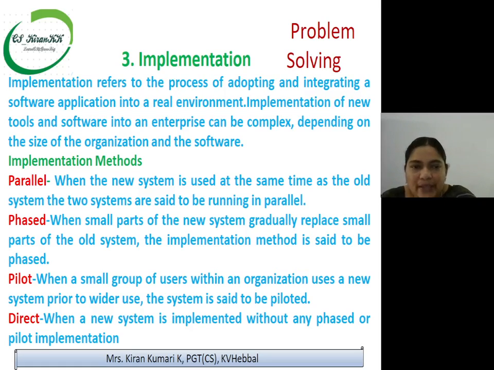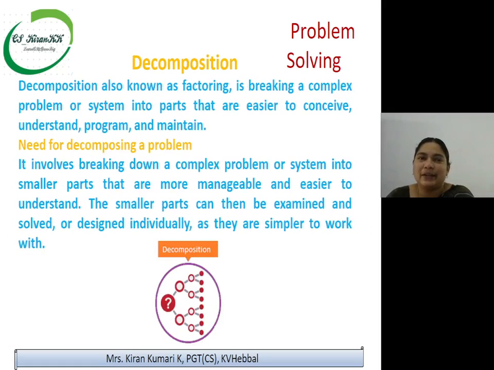In the phased method, small parts of the new system gradually replace small parts of the old system, first phase, second phase, third phase. In the pilot method, a small group of users within an organization uses the new system prior to wider use, and the system is said to be piloted. When a new system is implemented without any phased or pilot implementation, it is a direct implementation.